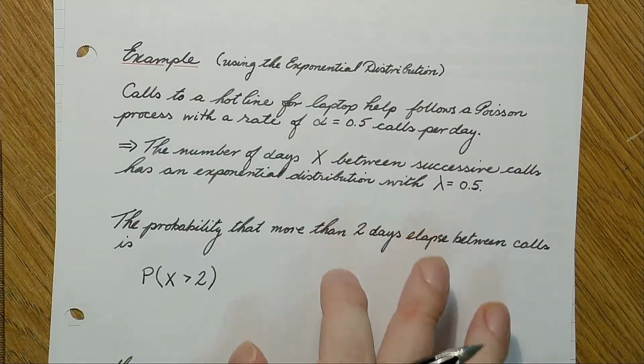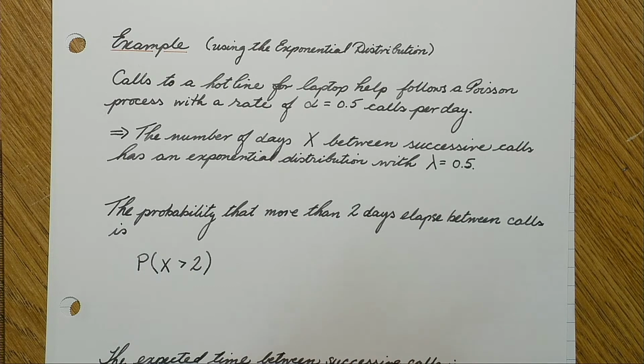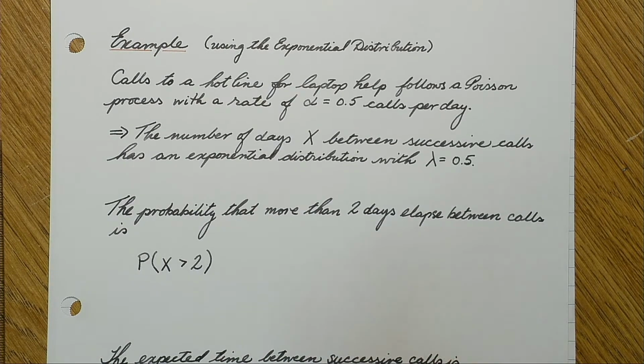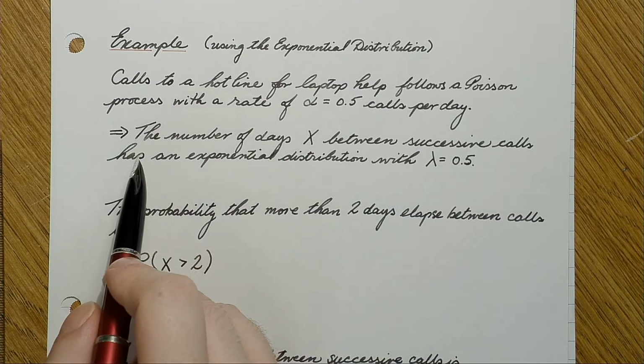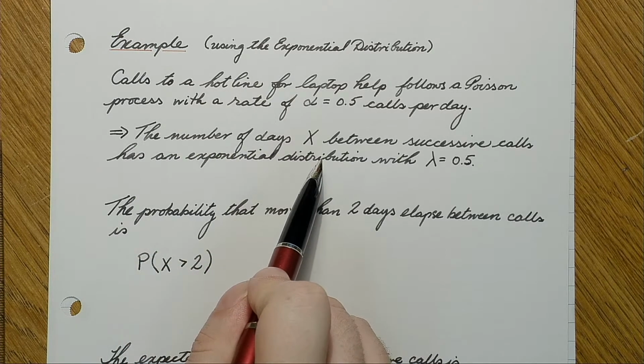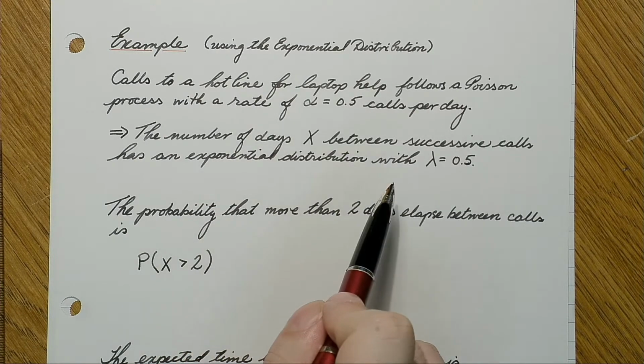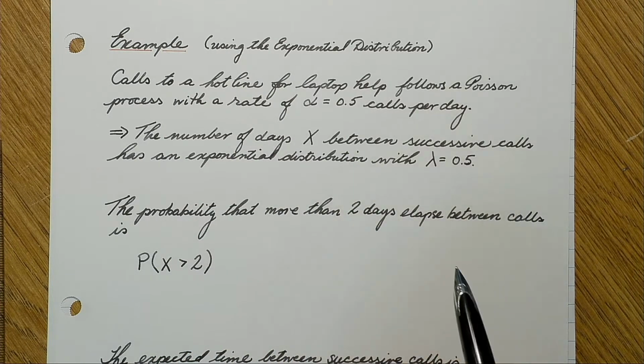So here is an example that we can use. Calls to a hotline for a laptop help follows a Poisson process with a rate of alpha equal to 0.5 calls per day. So this means that the number of days, x, between successive calls has an exponential distribution with lambda equal to 0.5.